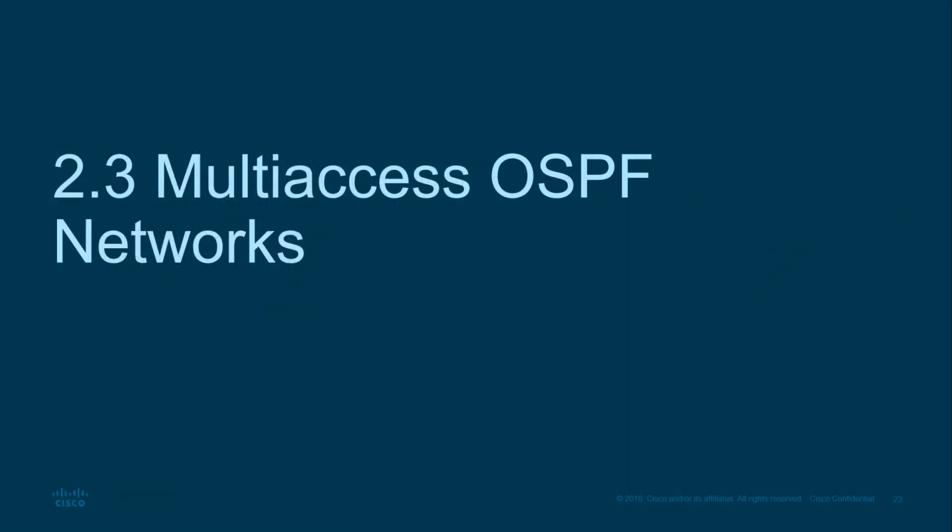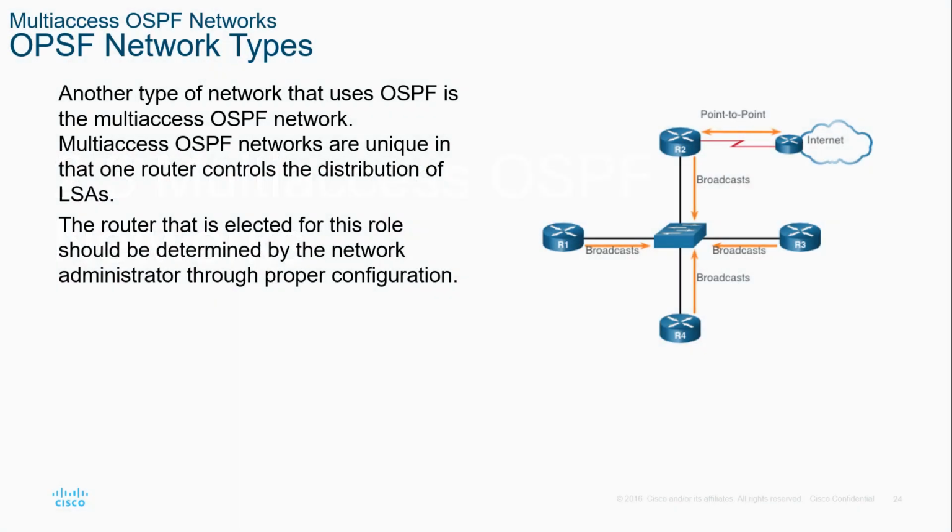Moving on, we have our multi-access OSPF network, which is not point-to-point. These are going to be, again, via broadcast. So another type of network that uses OSPF is, again, multi-access. Here we're talking about the distribution of link state advertisements, also known as LSAs.